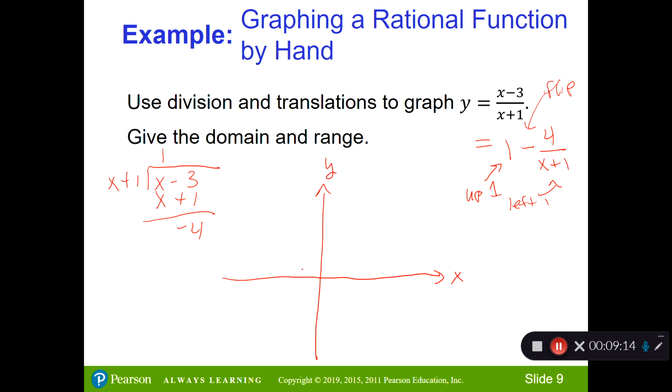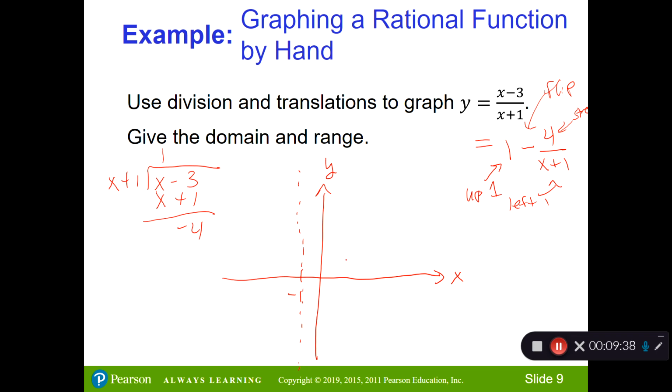If I go left 1, it's now over here at -1. So I'm going to draw my vertical asymptote through that. Now the flip, oh, and by the way, this is the stretch. So the flip, this arm's going to be down and this arm's going to be up, right? The opposite of what we saw on the original graph.